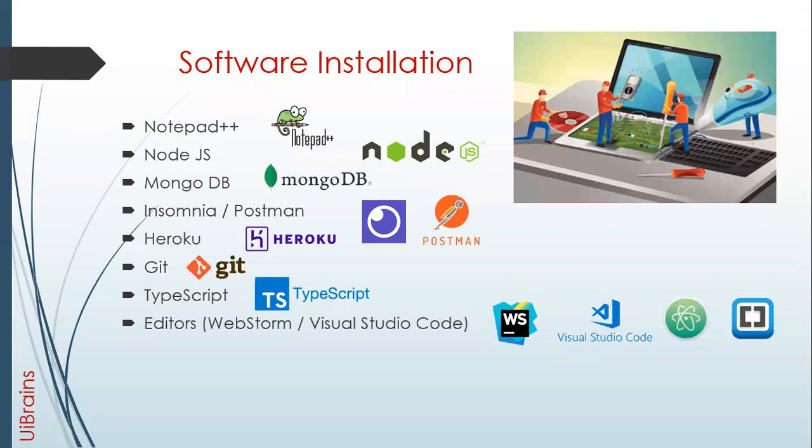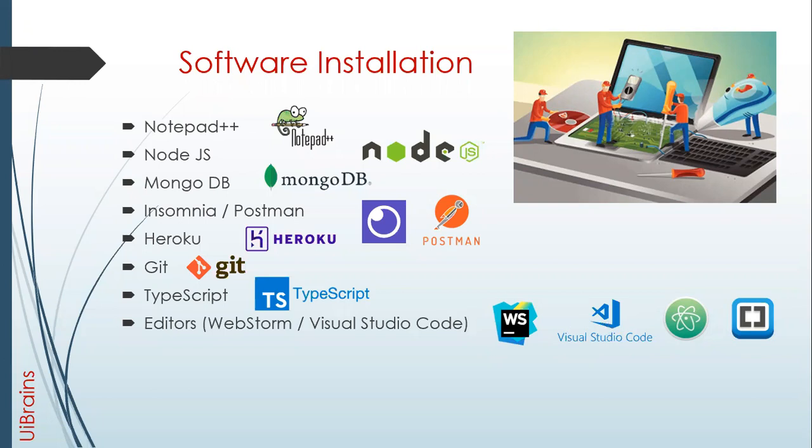And along with that, finally we have to install an editor. It's your choice; you have a list of editors like WebStorm, Visual Studio Code, Atom, and Brackets. You can use any of these editors. If you're already familiar with Visual Studio Code or Atom, you can use that.